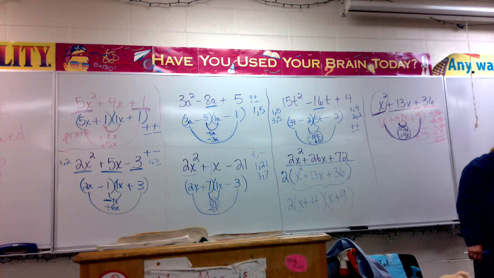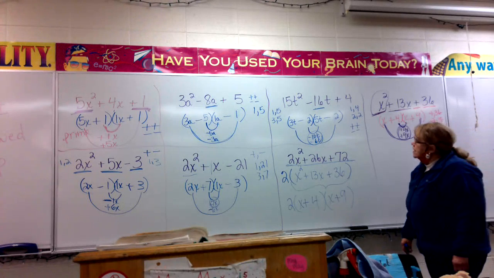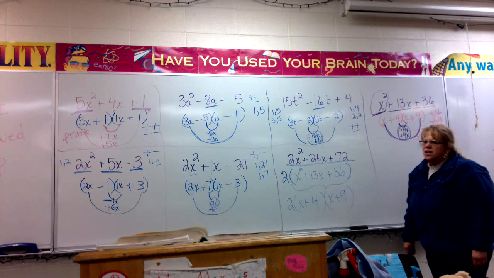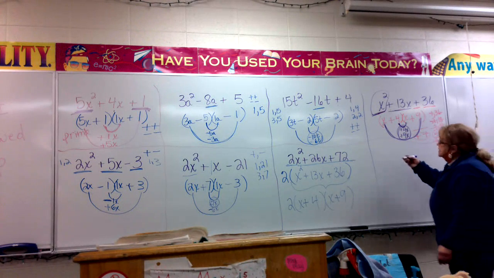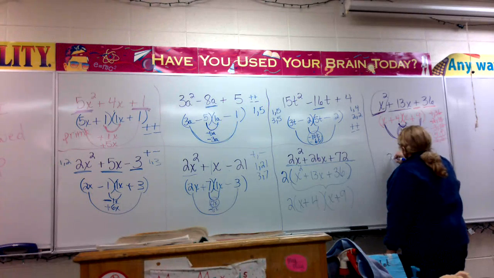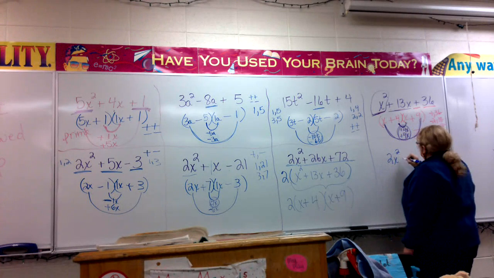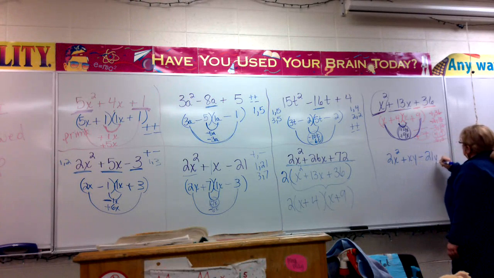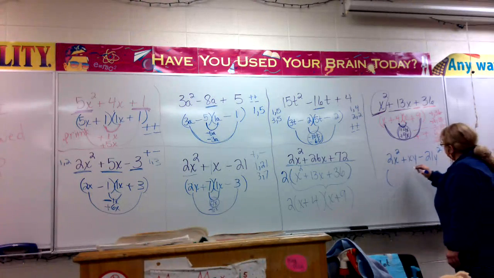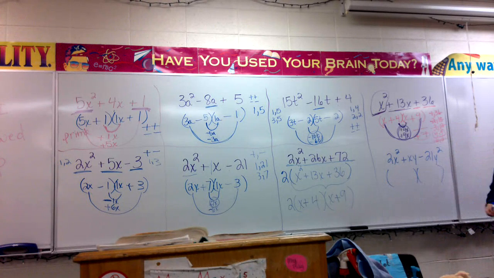Are we gonna have any more of those ones with multiple variables? Definitely. You might have one with multiple variables, but it's no big deal. If it were, let's say, 2x squared plus xy minus 21y squared, the variables kind of just go along for the ride anyway.